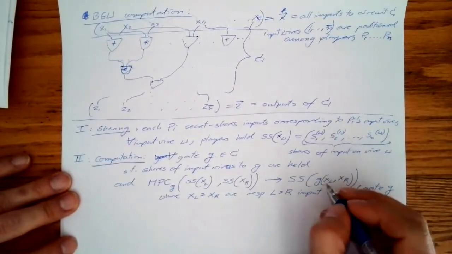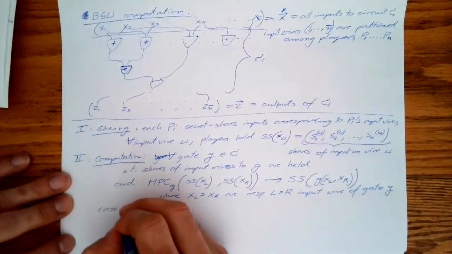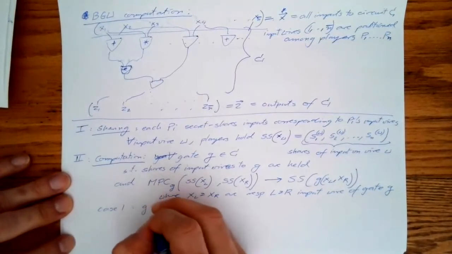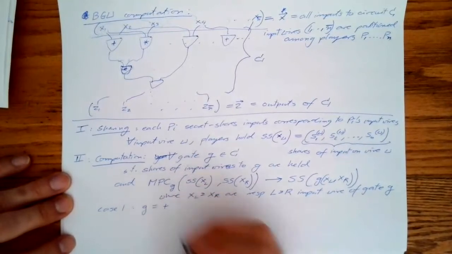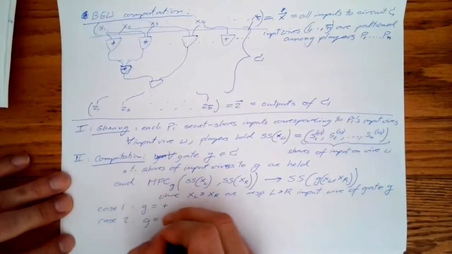Okay, and for gate G, there are really two cases of gates. Case one, G is an addition, and case two, G is a mult.